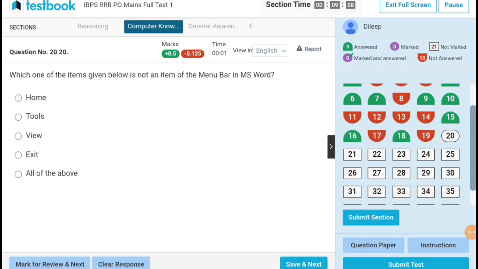Which one of the items given below is not a menu for MS Word? Which one of the items given below is not an item of the menu bar in MS Word? I think it is exit or tools.